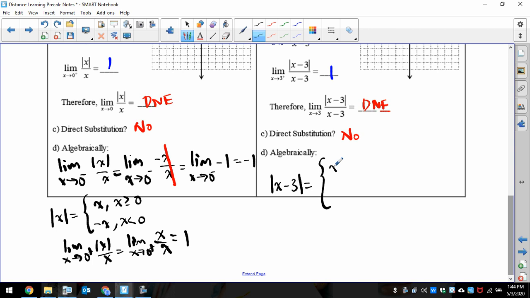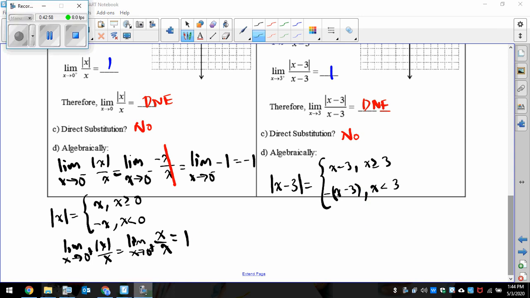So you replace it with x minus 3 if x is bigger than or equal to 3, and you replace it with negative x minus 3 if x is less than 3. I think this might be a little bit much to do, so we'll only look at this a couple times.